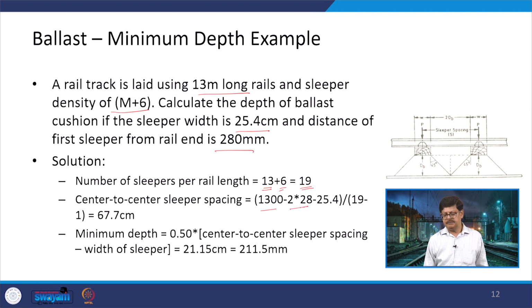So, 28 centimeters goes from one side and from the other side of the rail end, and then there is the width of the sleeper which is 25.4, and that is divided by the number of spacings between the 19 sleepers, which is 19 minus 1, that is 18. So, what we get is 67.7 centimeters as the center to center spacing between the sleepers. So, the minimum width in that sense comes out to be 0.5 times, the formula is the same one. If you put the values there, what you get is 211.5 mm as the ballast cushion.